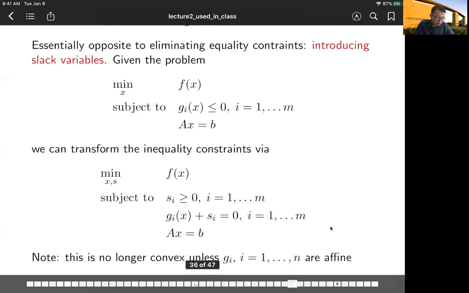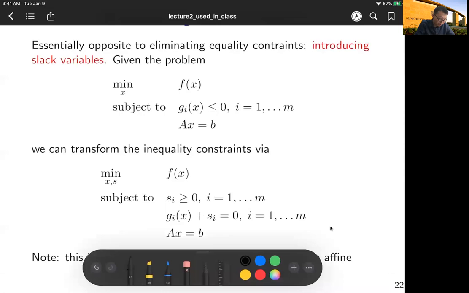Notice that once we do this transformation, this is no longer a convex optimization problem in its standard form, and the reason is the following. g_i is a convex function and s_i is a linear function, so the sum of these is a convex function. But remember, in the standard form of the convex optimization problem, this needs to be an inequality. But now we have equality here. Therefore, it cannot possibly be a standard form convex optimization problem. But this is equivalent, right? So you can always convert this into a convex optimization problem in its standard form.